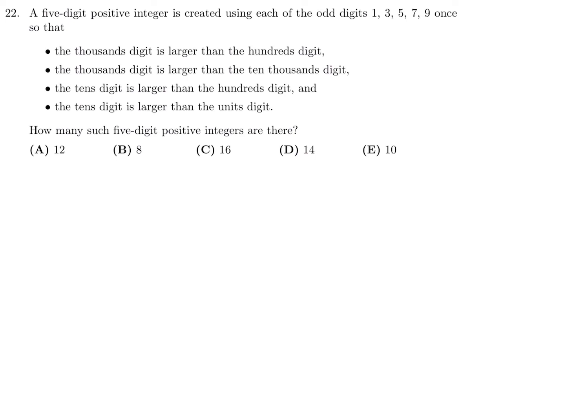Well, if that is represented as letters, say A, B, C, D, and E, the question essentially is just telling us the following: that B is greater than C and is also greater than A, and D is greater than C and is also greater than E. That's pretty much what all of this is telling us.